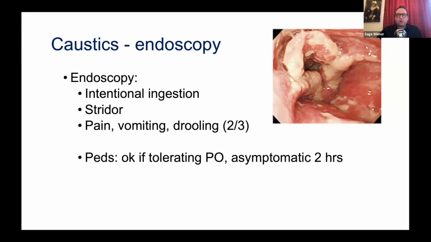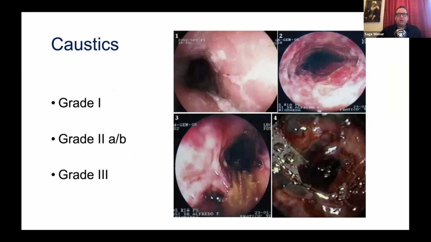So what are we looking for when we do endoscopy? We're going to be looking for these lesions, right? So a grade 1 is a very superficial lesion. It's basically kind of like a first-degree burn that you would see from a thermal injury.